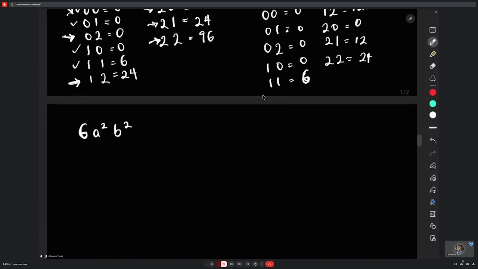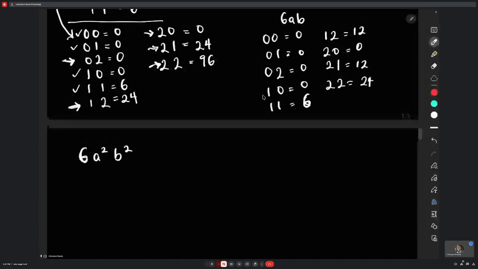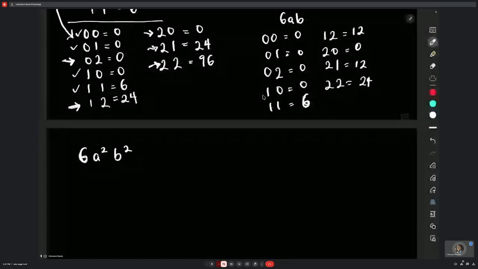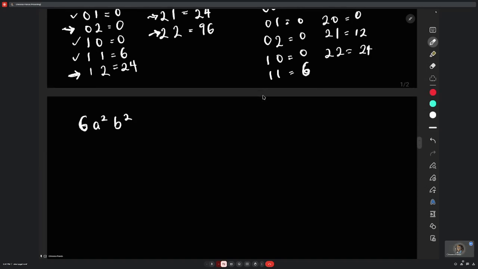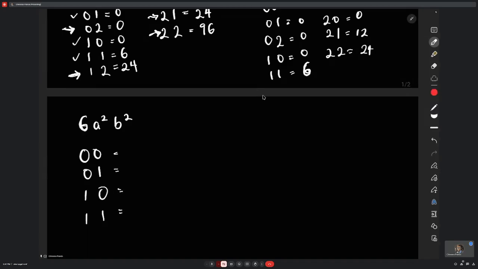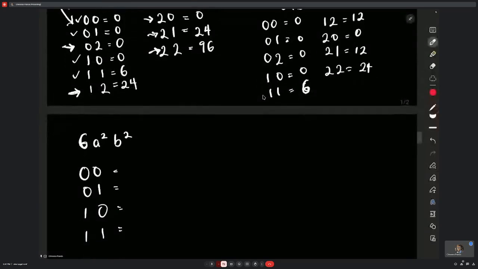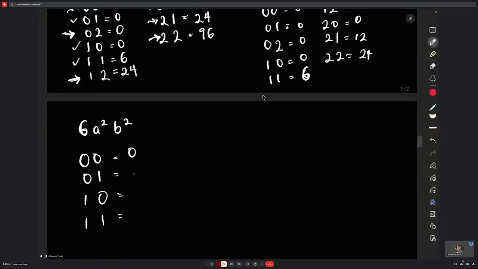We are performing sum check over the Boolean hypercube, right? So let's represent this polynomial over the Boolean hypercube. That's 0, 0, 0, 1, 1, 0, 1, 1. So that's 0, 0, 0, 6.